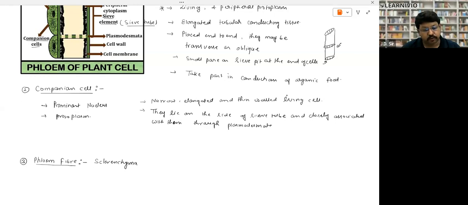I have already told you what is the function of plasmodesmata. What are the plasmodesmata? Next one: the cells have a prominent nucleus and dense protoplasm. The cell has a prominent nucleus and dense cytoplasm.